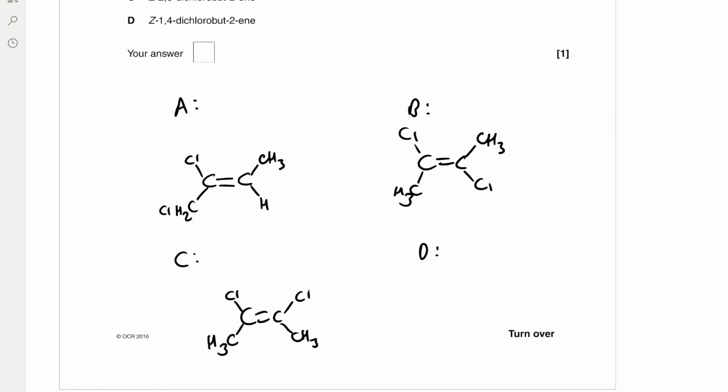And then this is a 1,4-dichlorobutene. So the highest priority group's on the same side. So if we have a look at these molecules, we need to think about which ones dipoles don't oppose.